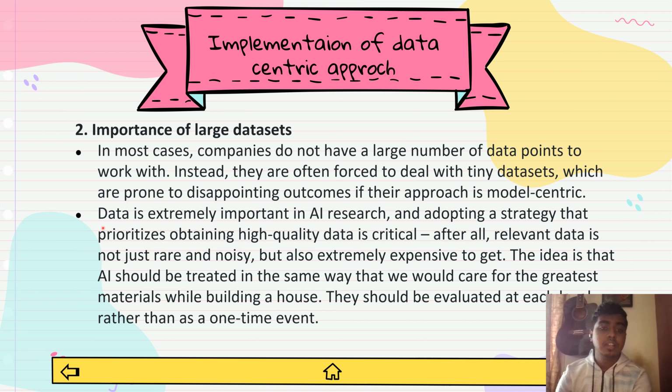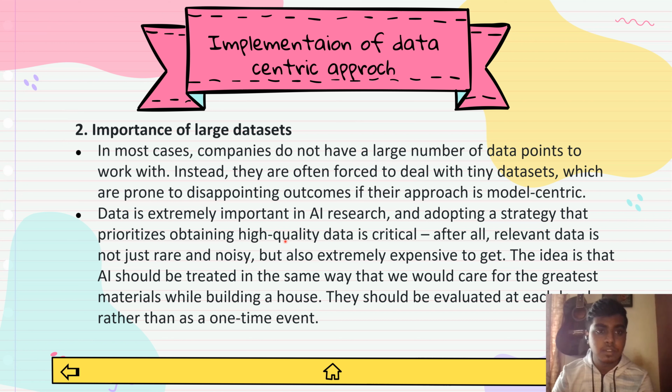The second point is that data is extremely important in AI research, and adopting a strategy that prioritizes obtaining high quality data is critical. After all, relevant data is not just rare and noisy but also extremely expensive to get. The idea is that data should be treated the way we would care for the best materials while building a house. They should be evaluated at each point rather than as a one-time event. These are the two approaches we looked at in the data-centric approach.